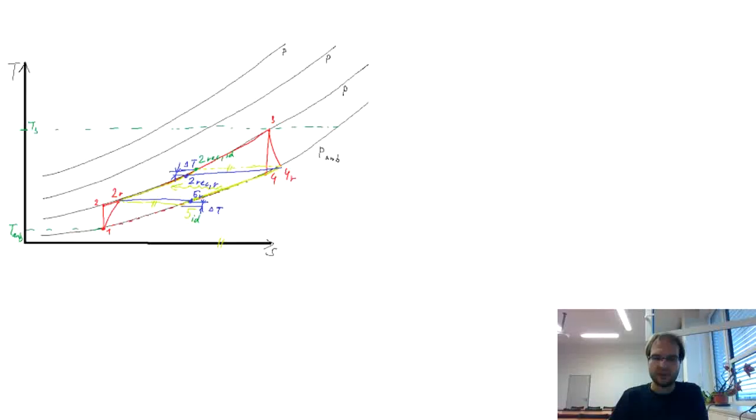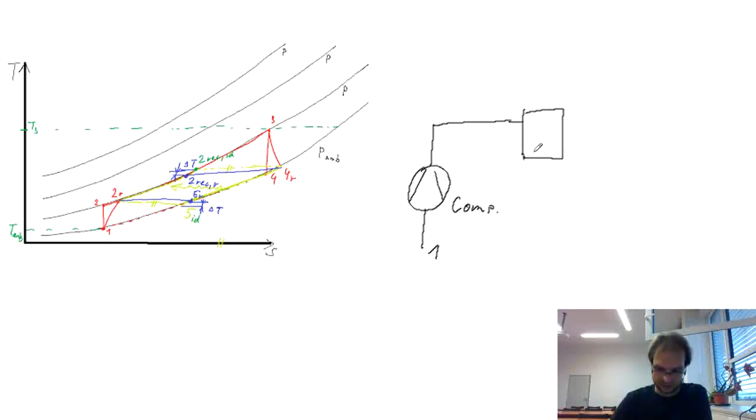The first thing that we will do is to draw a process flow diagram of this system. So we again start somewhere with the point 1. Following is the compressor. Then we have the recuperator heat exchanger.